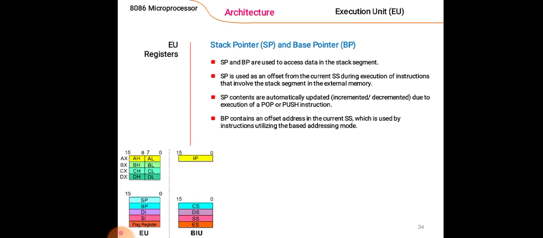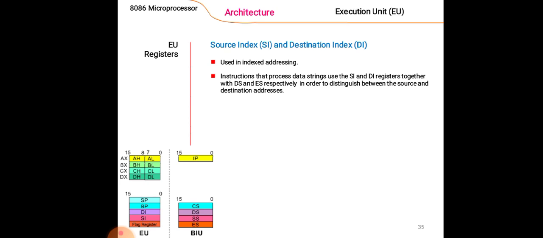Then the source index and destination index registers always support the extra segment register, because if we want to perform long data bit operations like strings, in that case we require the extra segment register. So in the extra segment register the SI and DI are used to generate source and destination index strings. So these index registers are useful in string or long data bit operations.